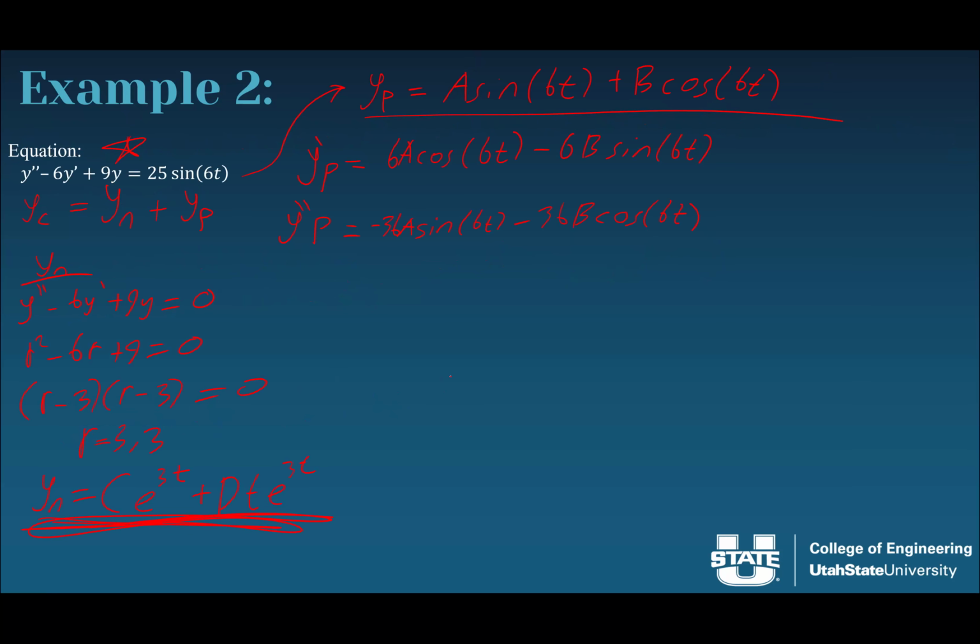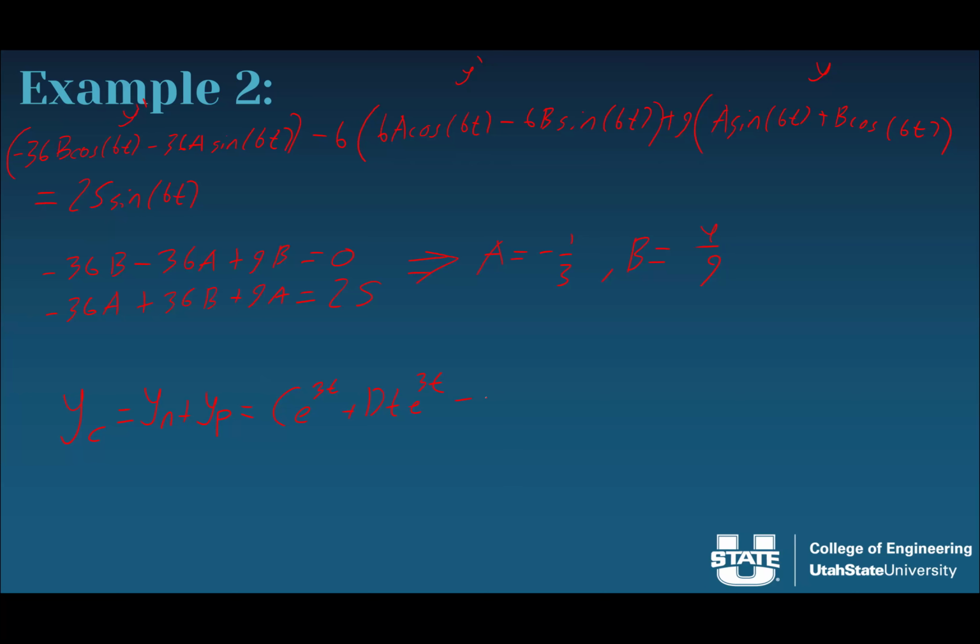So our particular is going to be minus 1/3 sine of 6t plus 4/9 cosine of 6t. And double check that that corresponds. It does. And there will be our final solution for our complete.